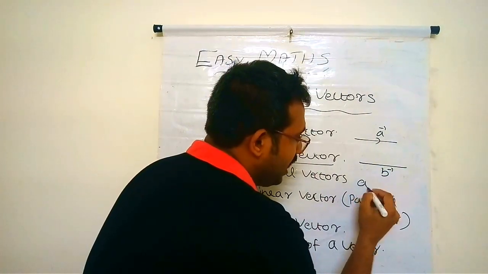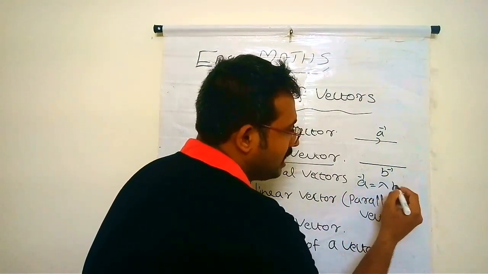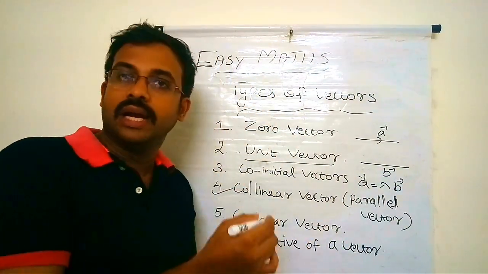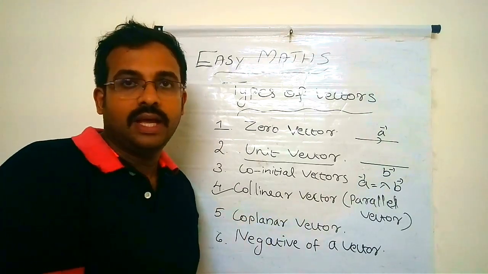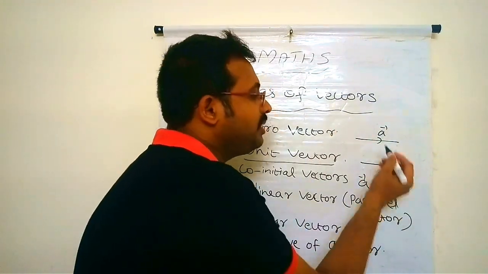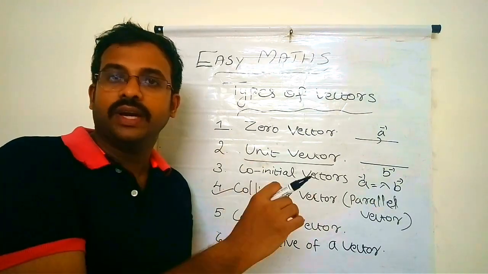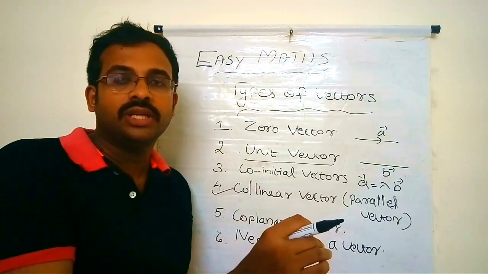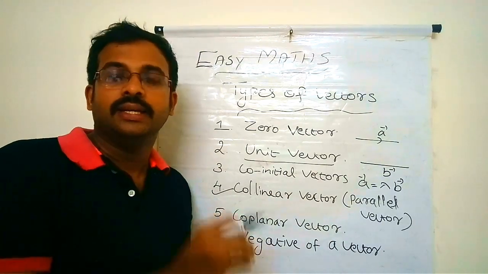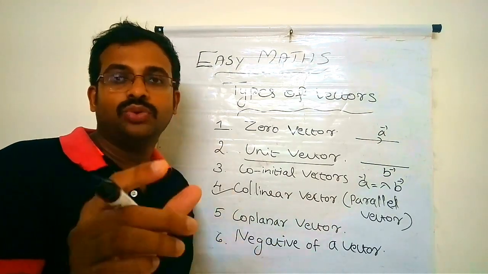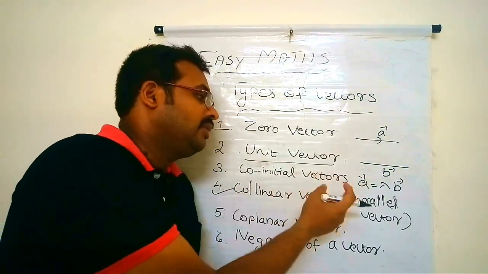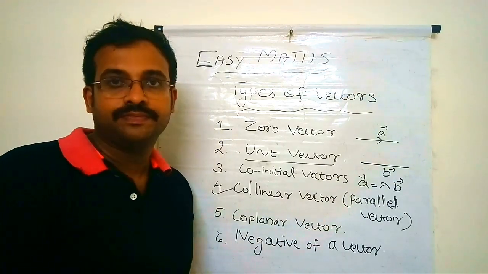That means A bar can be represented as lambda times B bar, where lambda is a constant, or in the same manner B bar as lambda times A bar. When one vector is a constant multiple of another, we say the two vectors are collinear or parallel vectors.